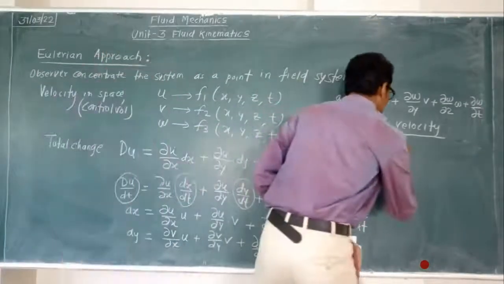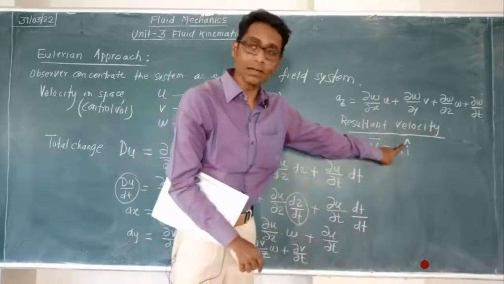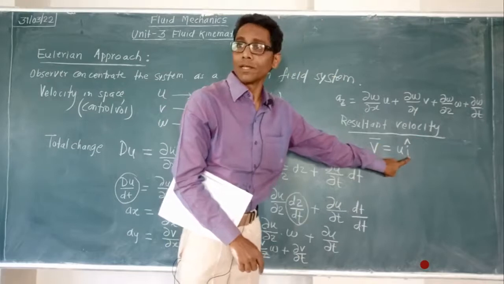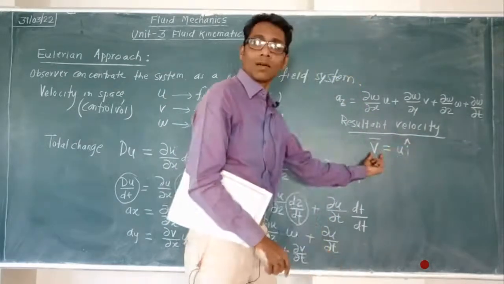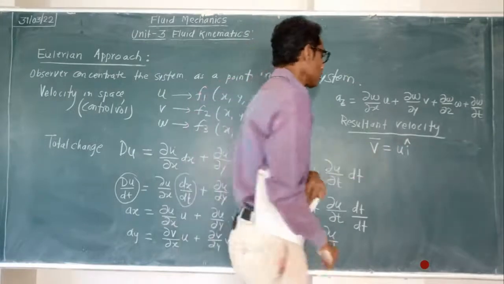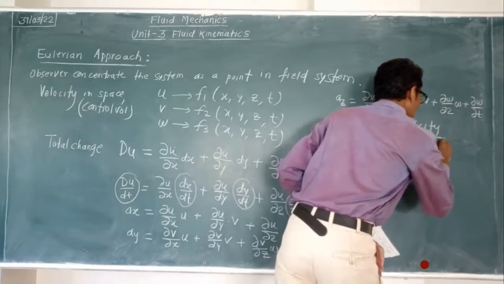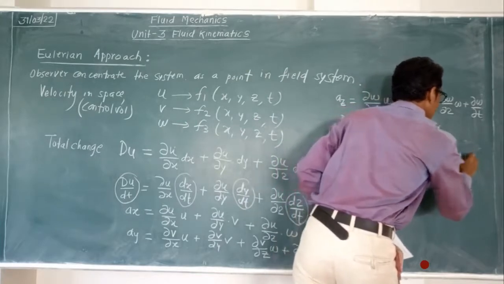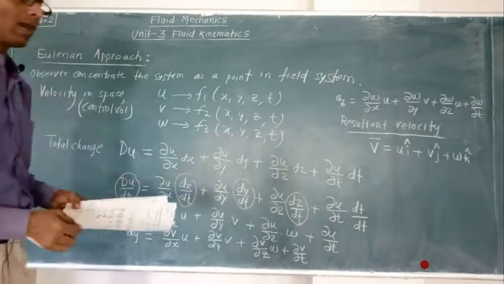Now here we write this u into i hat, you understand, this is a hat, i scalar quantity. Okay, so here we write in scalar form, and the sum comes in vector form. So u into i hat, v into j hat, and w into k hat. So in this way we write the resultant velocity.